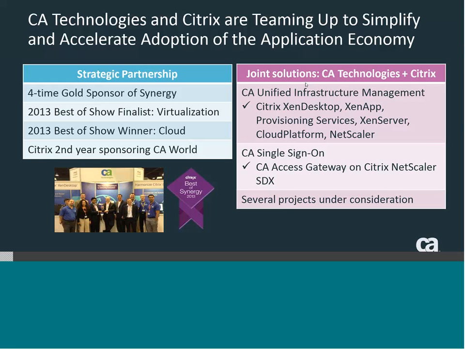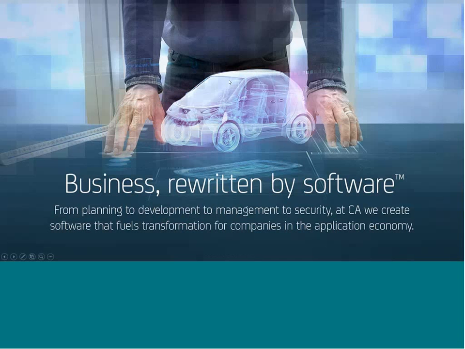We've got a new tagline of business rewritten by software, because what we found is really we are in an application economy. Virtually every company out there really has turned into a software company. They virtually have to, because of the mobility of their end users, their partners, their developers, and their own internal employees.